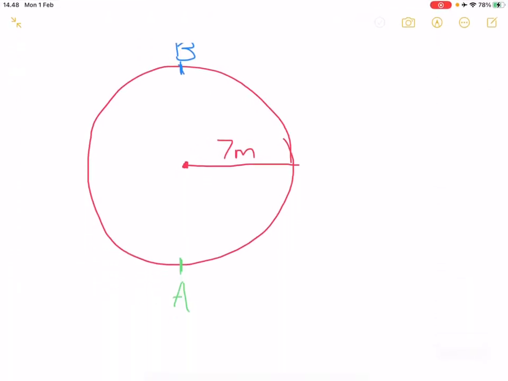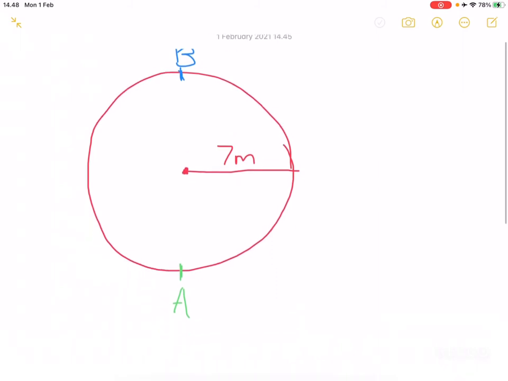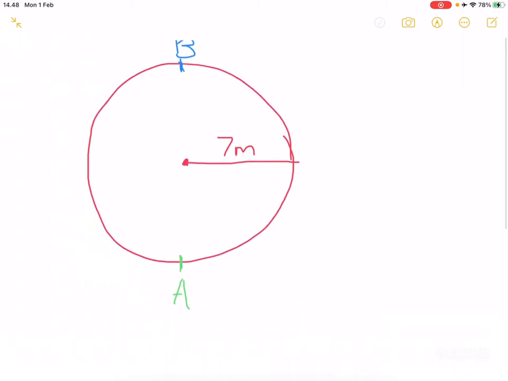Alright, for the second question, I have drawn a diagram as you can see right here. It says that Andy and Bob are standing on opposite sides of a circular track with radius 7 meters. With that given information, we can find the circumference of this circular track.